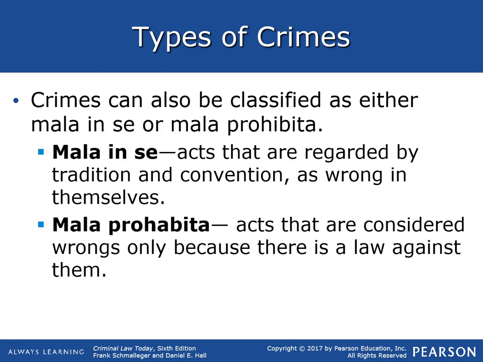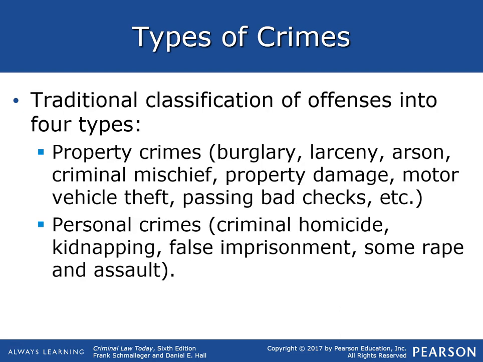So hopefully that clears that up. So these are acts, again, that are considered wrongs only because there is a law against them. And as I said early on, remember, everybody may have a different idea of what might be morally wrong, or of those types of things that maybe are laws right now that shouldn't be.